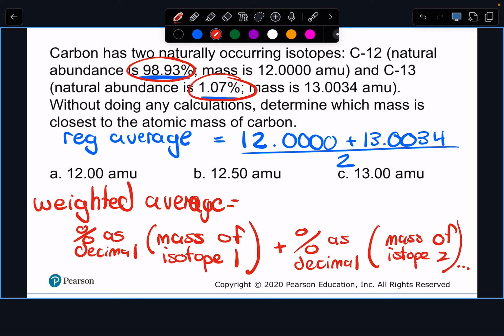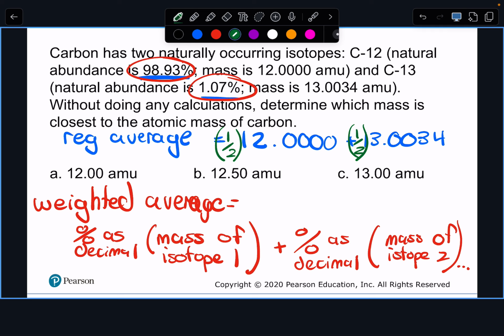Well, when you divide by 2, remember dividing by 2 is the same as multiplying by 1/2. So if I were to replace this, instead of saying divide by 2, I were to say 1/2 times this and 1/2 times that. What is 50% in decimal form? 0.5.